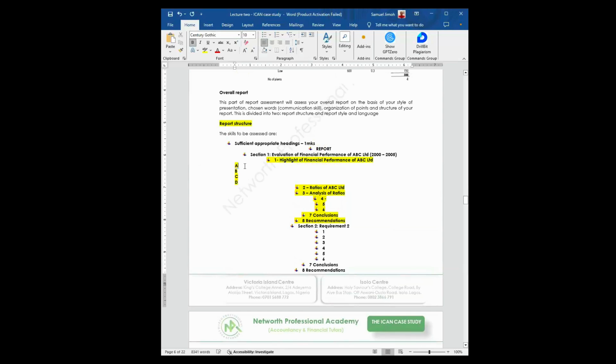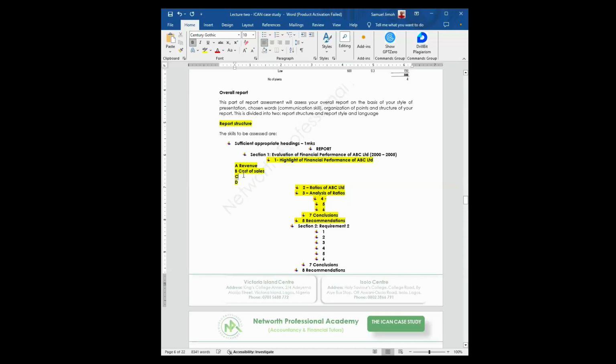Each of these points should be made in a sentence, or if you want to use paragraphs, you use paragraphs. Maybe you are making a point on revenue. So the sentence should be made on revenue. If you want to make another point, this point might be on cost of sales.